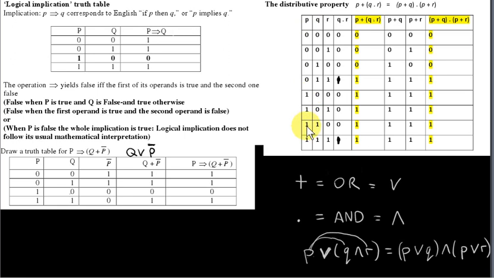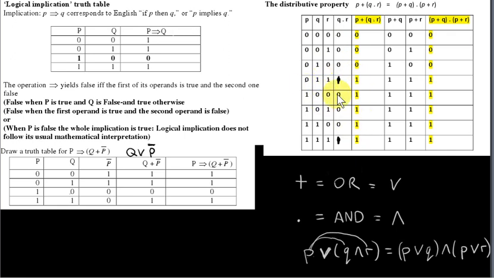So we want the column for P and the column for Q.R. And we put in zeros when the value of P and the value of Q.R are both 0. So we have a 0 here, a 0 here, so we must have a 0. Likewise, we have a 0 and a 0 here, so we get a 0. Here we have a 0, so we get a 0. And for all the other possibilities, we have 1s.